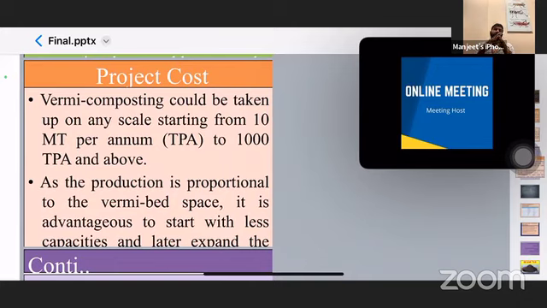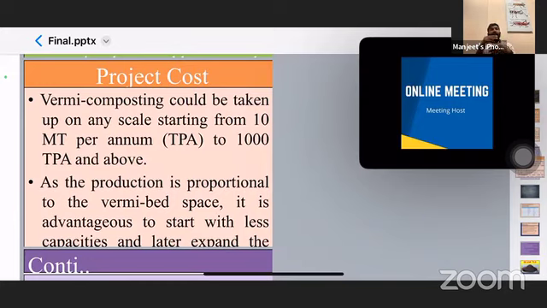But from a business point of view, I suggest this vermicompost unit should be started on a small scale, because before starting on a large scale, the entrepreneur should study the local market, the demand for vermicompost by different nurseries, farmers or commercial companies.